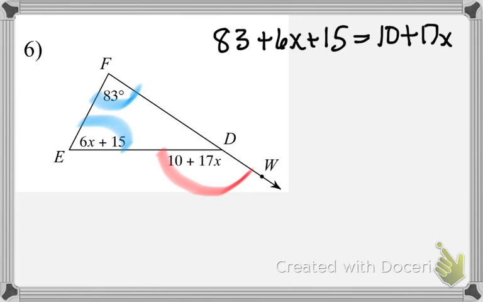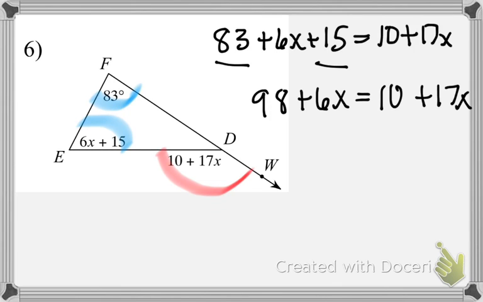All right, so combine like terms. So we have the 83 and the 15, which leaves us with 98 plus 6x is equal to 10 plus 17x.